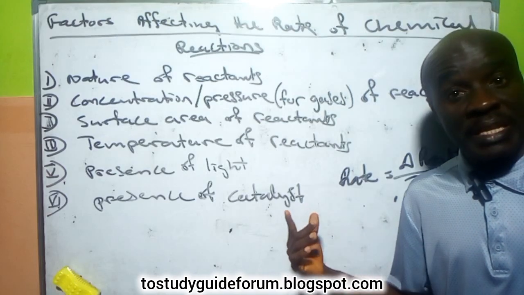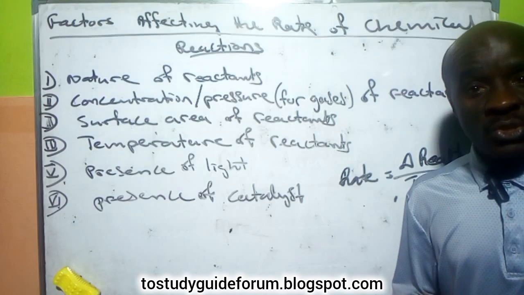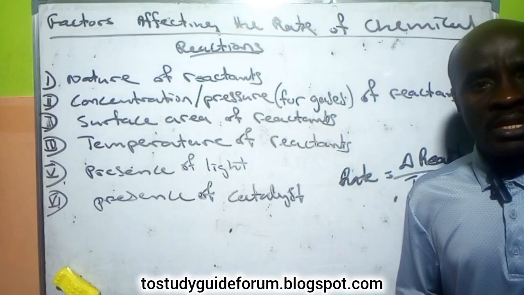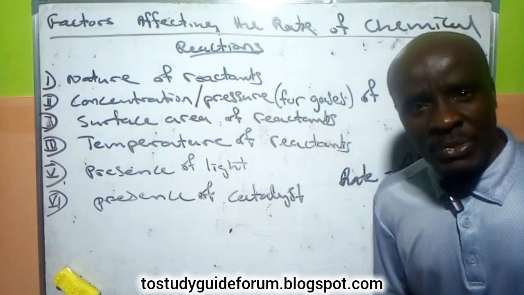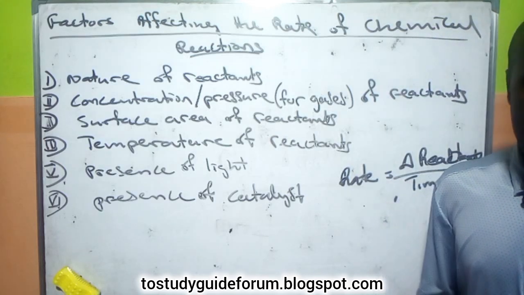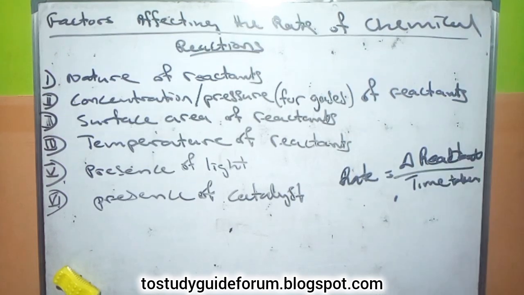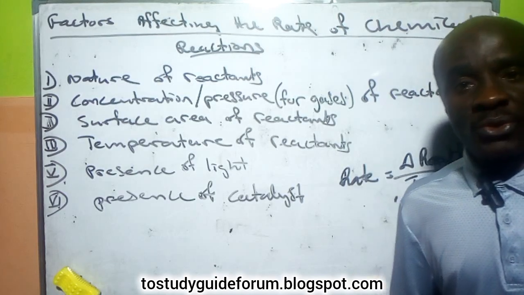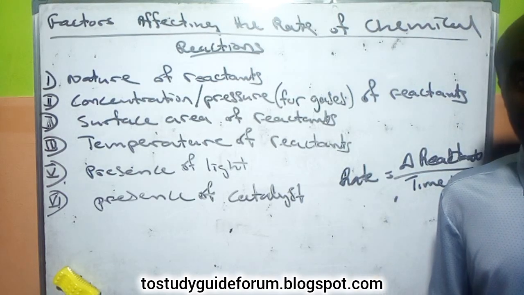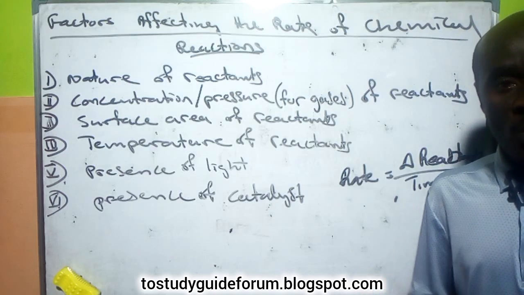But before we do this, we need to understand what we call the collision theory. According to collision theory, for a reaction to take place, there must be an effective collision. According to collision theory, every particle in a reaction is always in continuous collision.